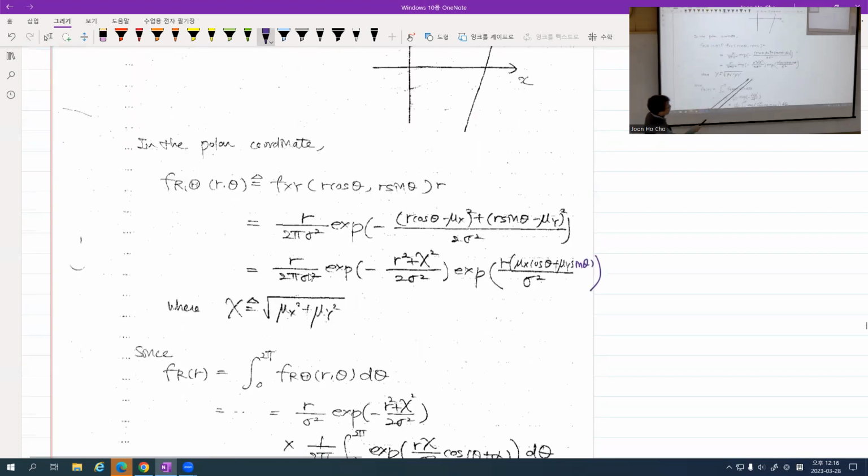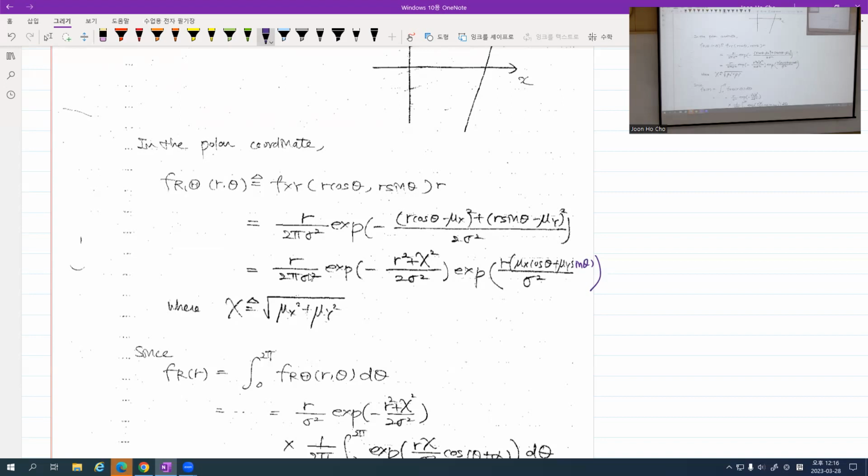And you see here, this factor has R and theta at the same time. What does that mean? You cannot rewrite the joint density of R and theta as a function only of R times a function only of theta. That's not possible, which means that R and theta are dependent.